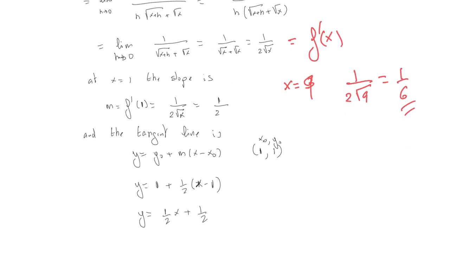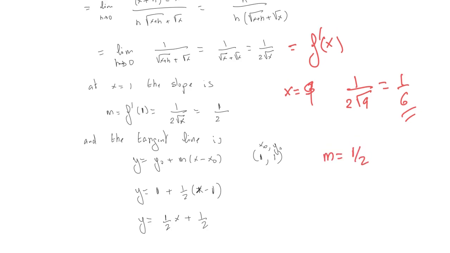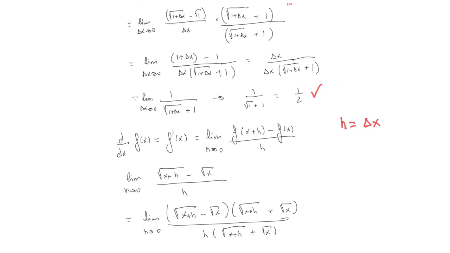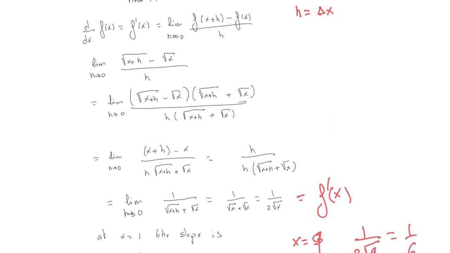But the problem is asking, what is the tangent line at the point (1, 1)? At the point (1, 1), we saw that the slope is 1/2. Let me check here also.